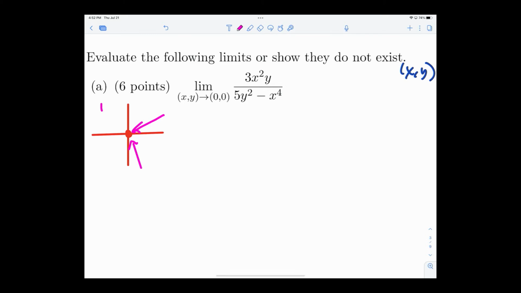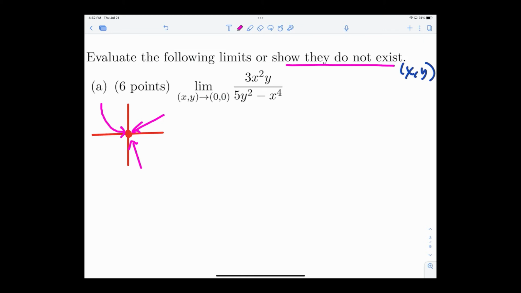You could try to approach along a parabola, or any kind of way you want to get to 0, 0. Generally, you don't show that the limit exists. Normally you show that it does not exist by taking the limit along different paths, and those paths give you different answers.